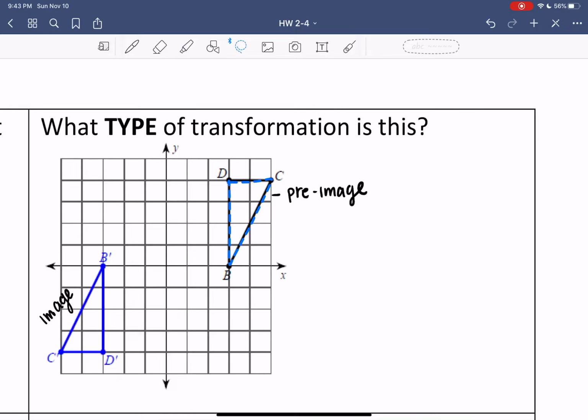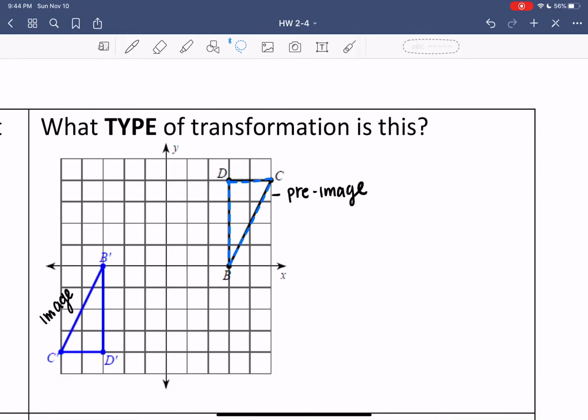So from here, if it were to be a translation, we would be able to take the shape and move it left or down or right, and we would be able to get to the new image without flipping its orientation. So in this case, we know it can't be a translation.